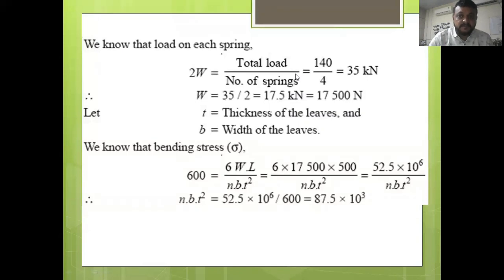We already have the final stress sigma is equal to 6WL over pi n into BT square. But sigma is given, whereas load condition is not given. Total 140 load is given, but four springs are used here.